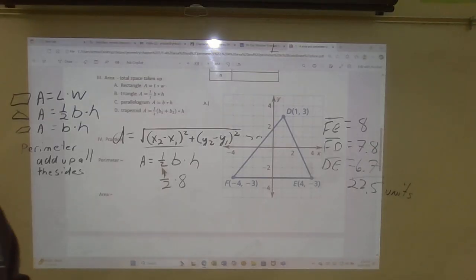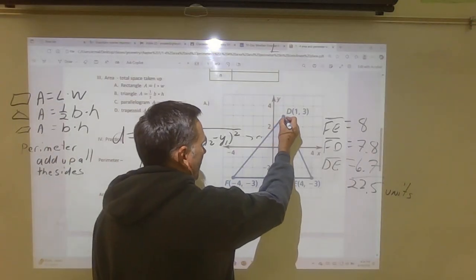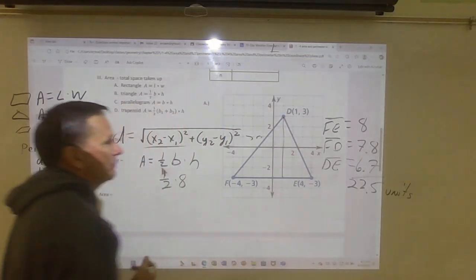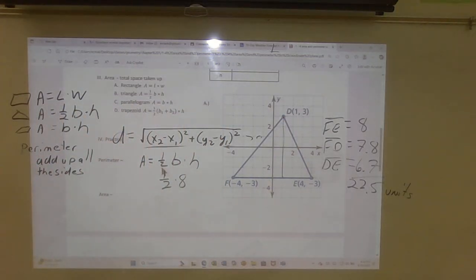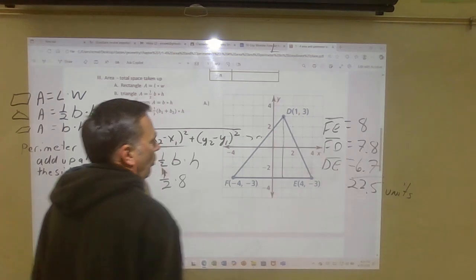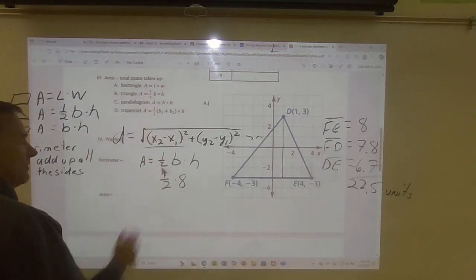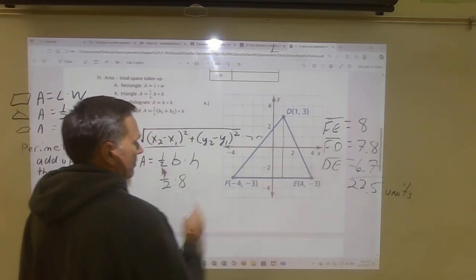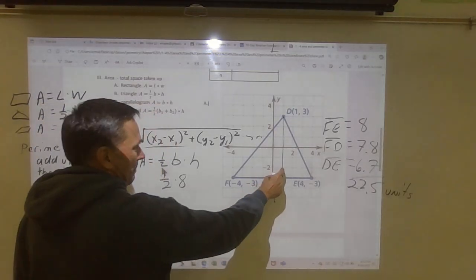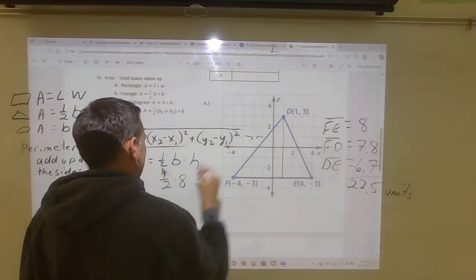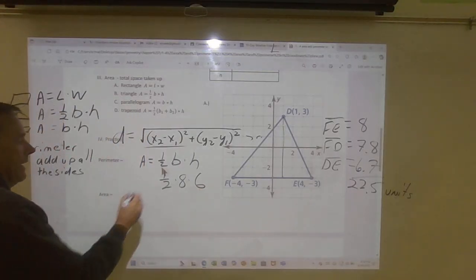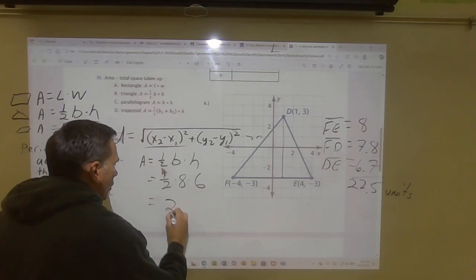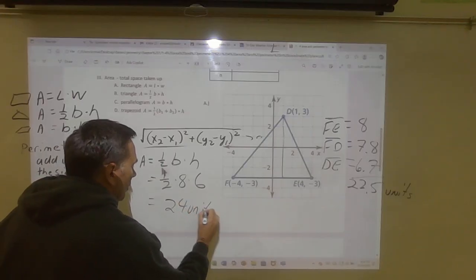Now the height, I can see that I can draw a vertical line going up to here. It's going to be from the base to the highest point in the triangle. That is a vertical line, or that makes a perpendicular line with this side. If I count up, 1, 2, 3, 4, 5, 6. I can now do my calculation, and I end up with 24 units squared.